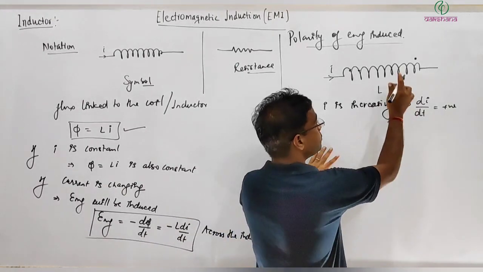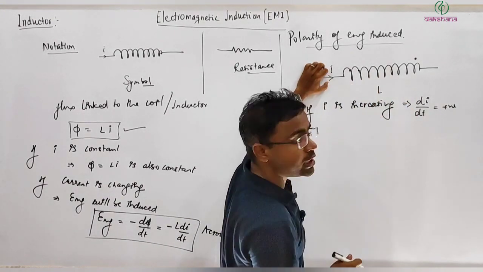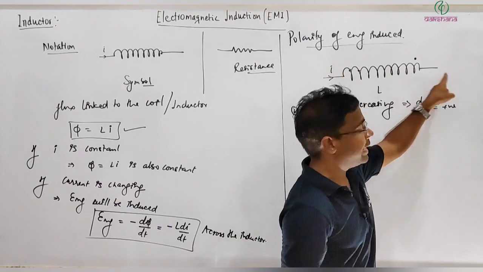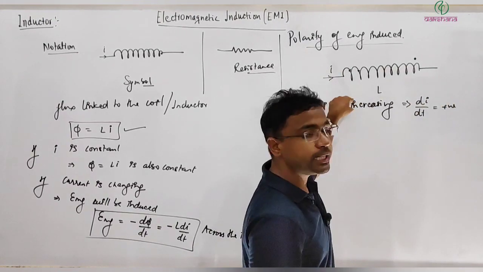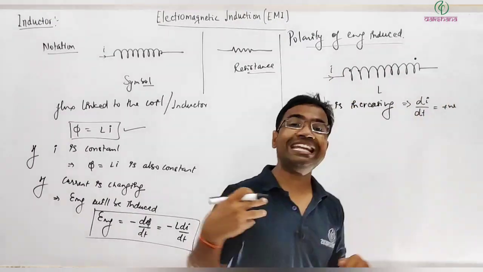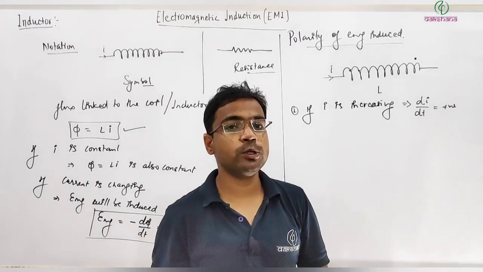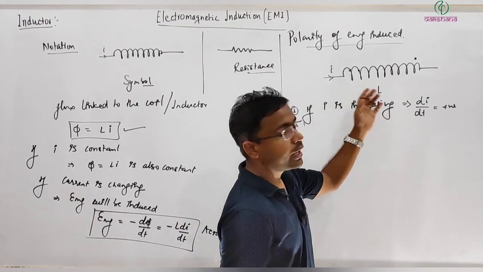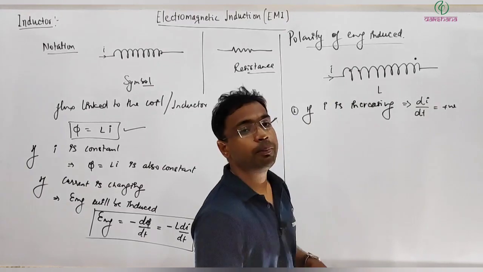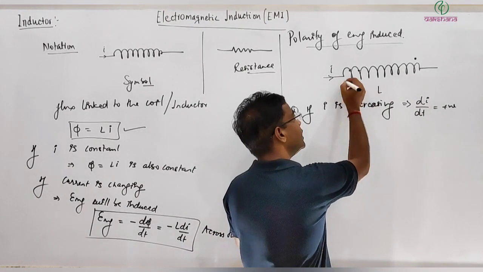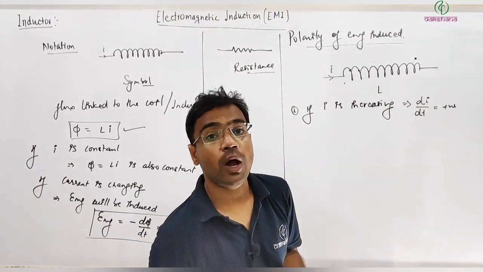I am saying the north pole of this constant current will be rightward. If the current is increasing, the flux will try to increase, but the coil will oppose that, and it will try to create a magnetic flux in the opposite direction, meaning it will try to create a north pole in this direction. And how?